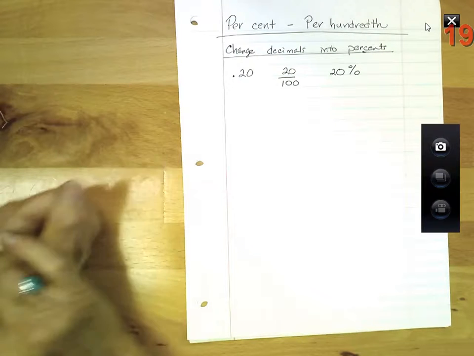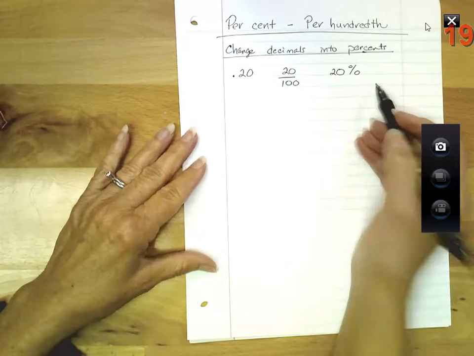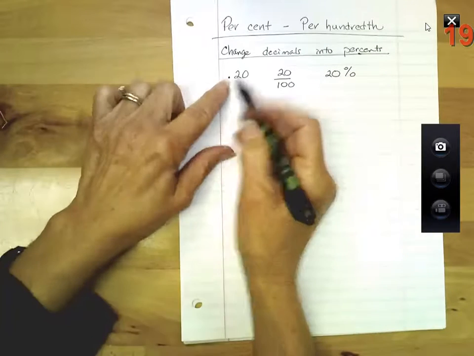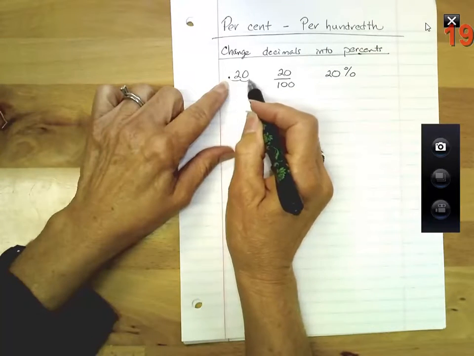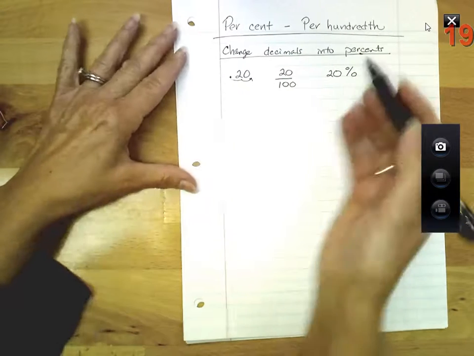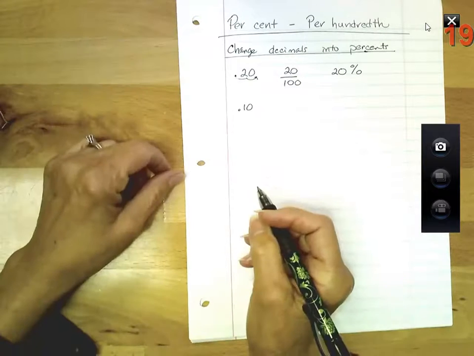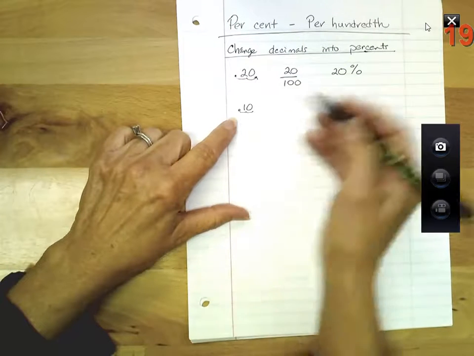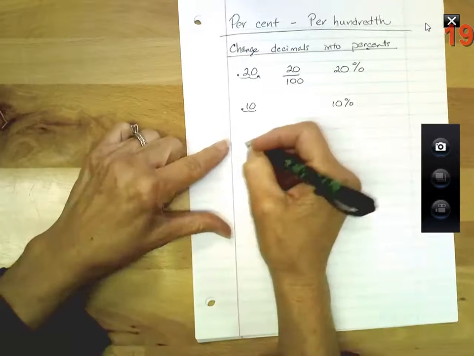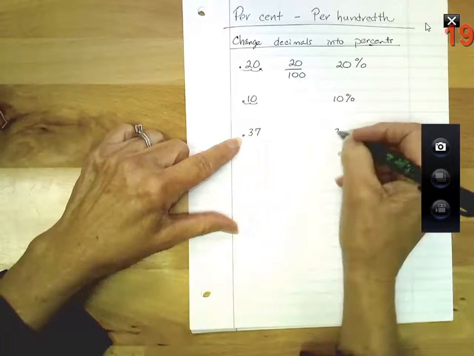It's the same thing as 20%. Now this is just explaining it, but the easy way to do it is to move your decimal 2 places to the right and put the percent symbol. Remember doing that? So this is 10 hundredths. You move it 2 places to the right, or 10%. If you have 0.37 or 37 hundredths, that's 37%.